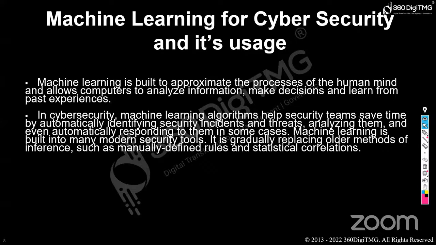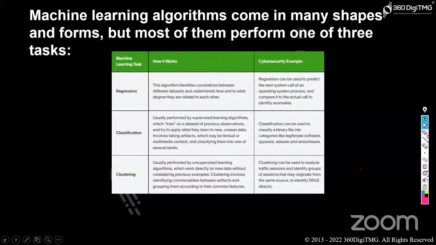It is gradually replacing older methods of inference, such as manually defined rules and statistical correlations. All these things we used to do manually, but in machine learning, we are making the machine learn the patterns. What patterns? Defined rules and statistical correlations. So that is how we can use machine learning for cybersecurity.